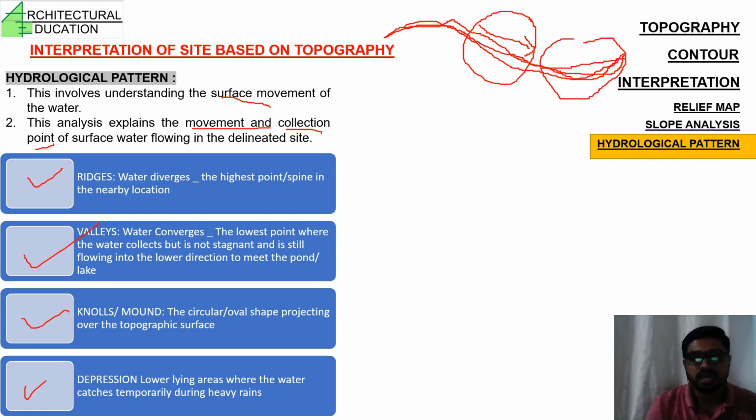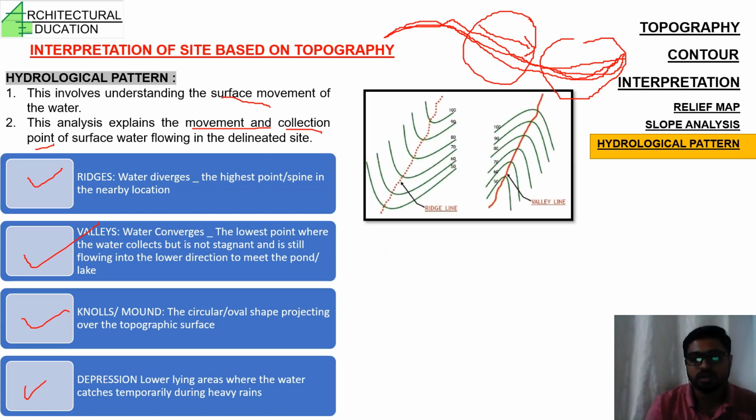Ridges, these are actually where water converges, which is happening over here. If you see, this is the highest and this is the lowest point. Generally, how I go ahead is just to draw a line parallel to this one and assume you are having a point in the center. Now draw a line perpendicular to that.